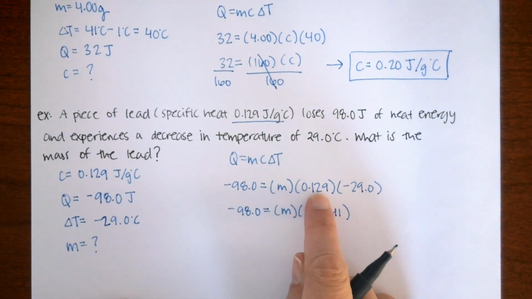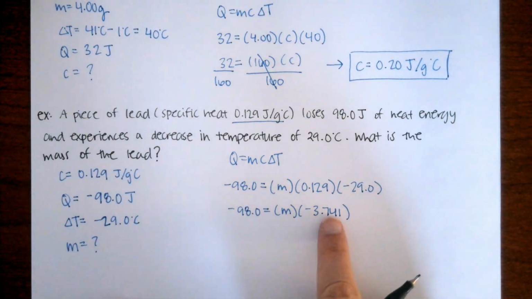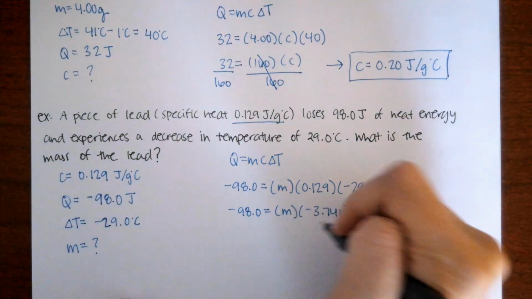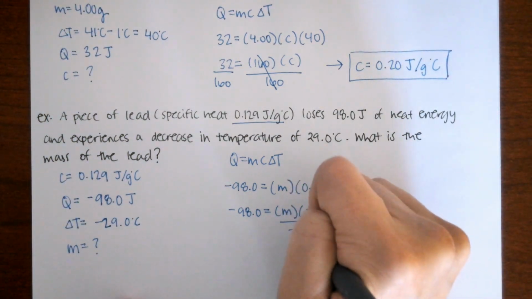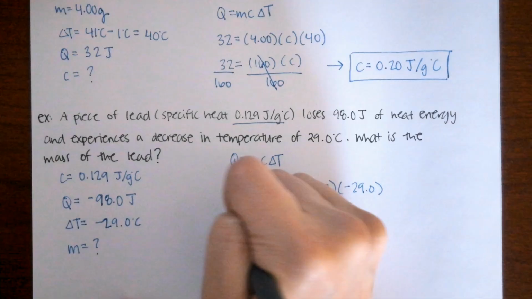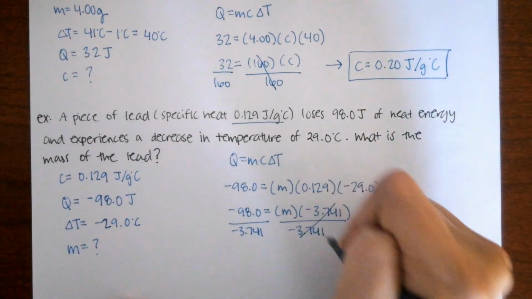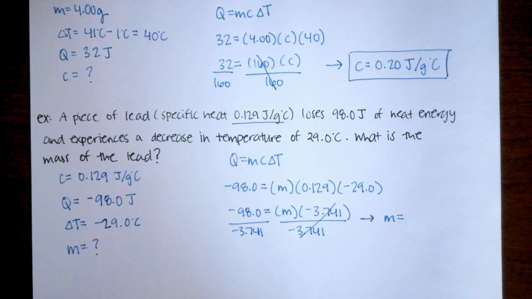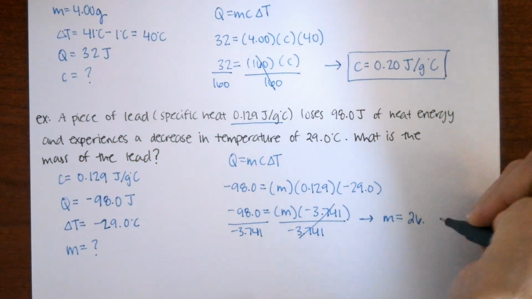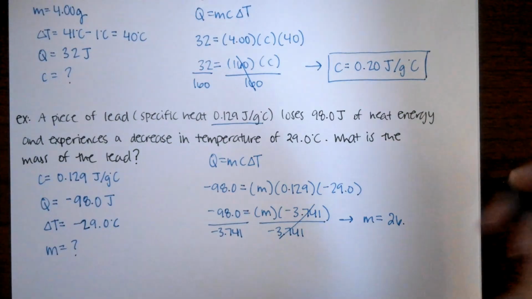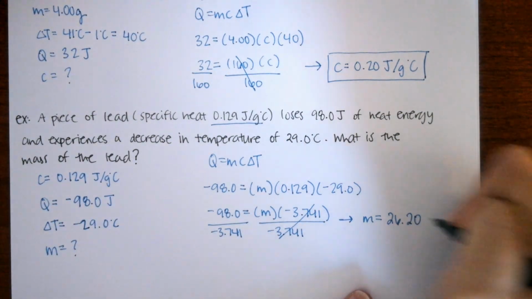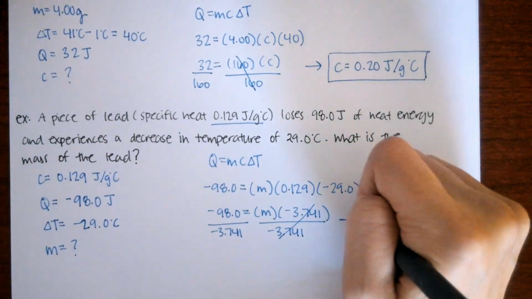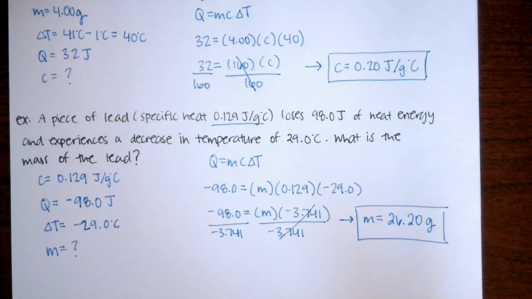These are these 2 numbers multiplied together. Again, it's negative and negative. So what happens when you divide 2 negatives? They become a positive. So we divide on both sides. My mass for my lead will be about, when we round to 2 decimal places, to the hundredths place, 26.2 grams. And that is my value for this problem here.